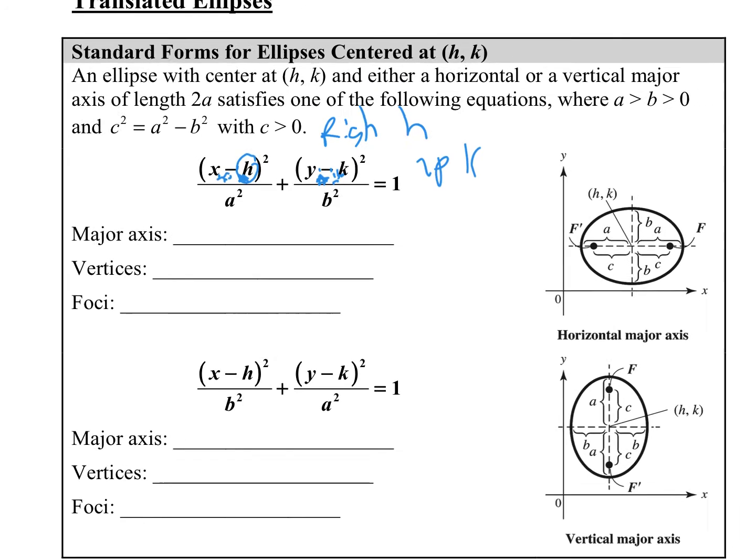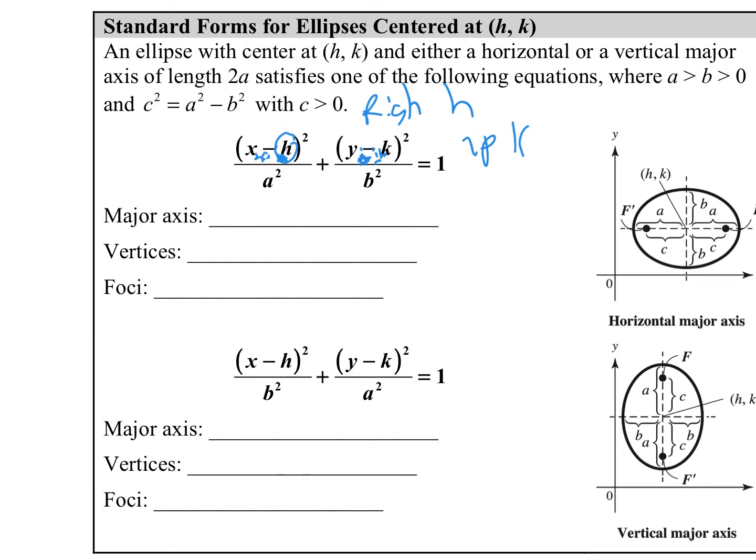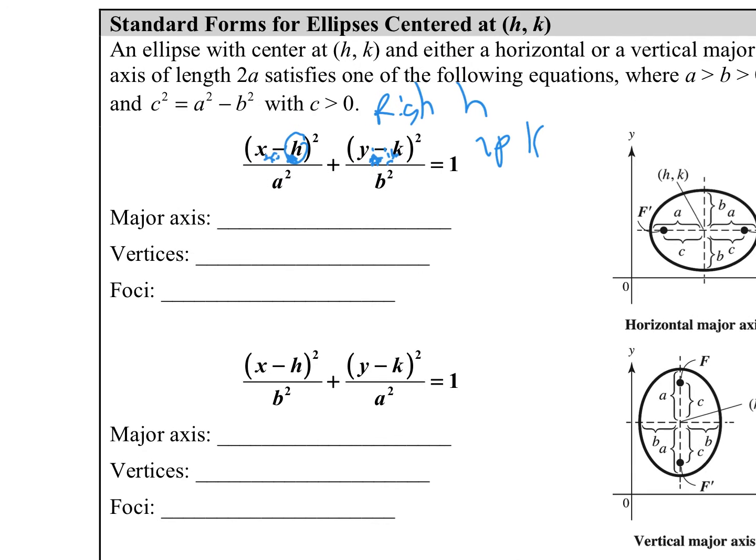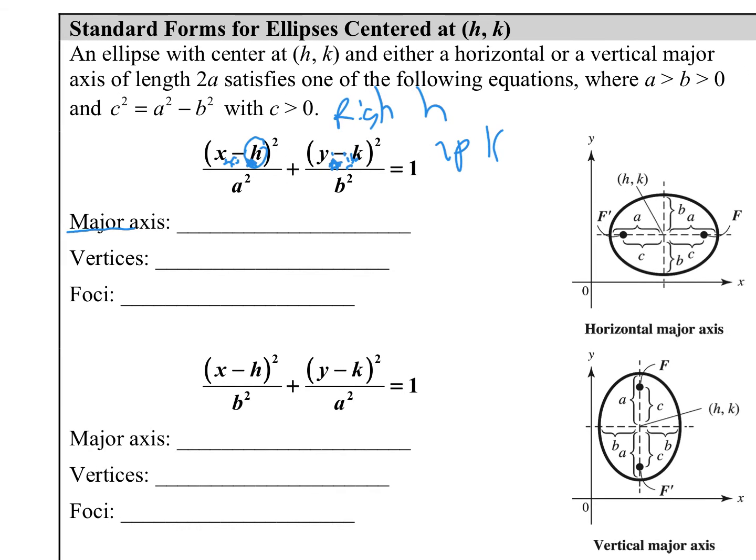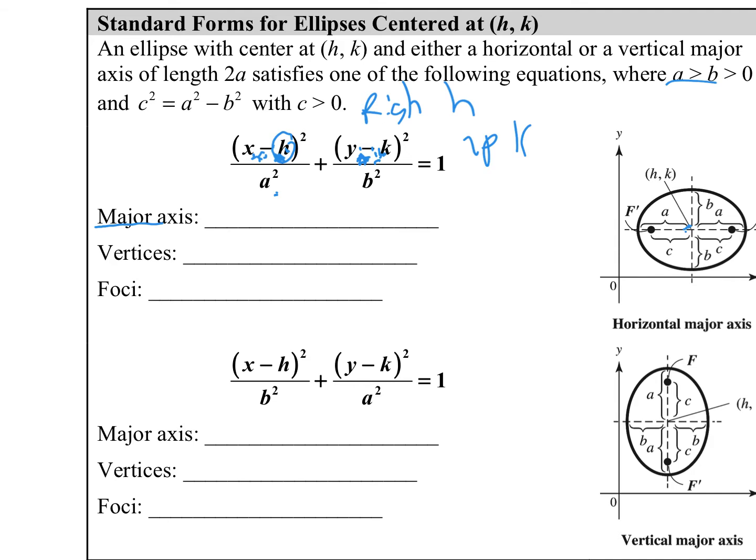He wants the length. Major axis would be, he already said that a was bigger than b, right over here. So that's my major. If you're moving your center over, it's probably easier to find those vertices first.